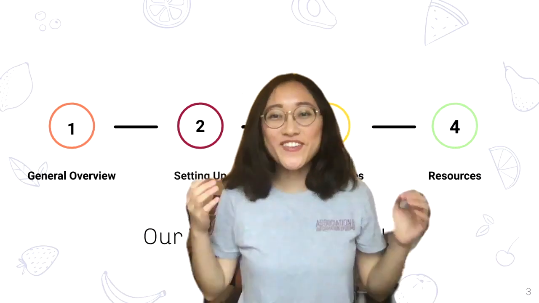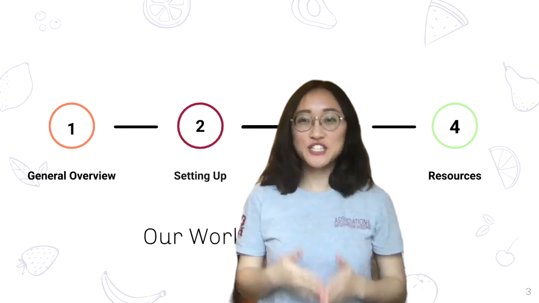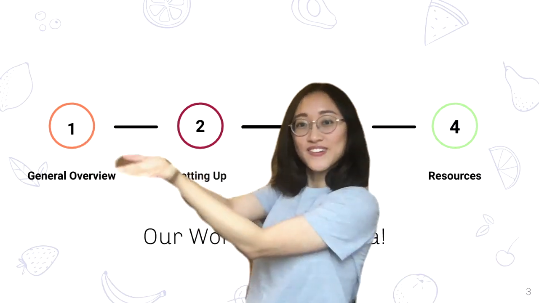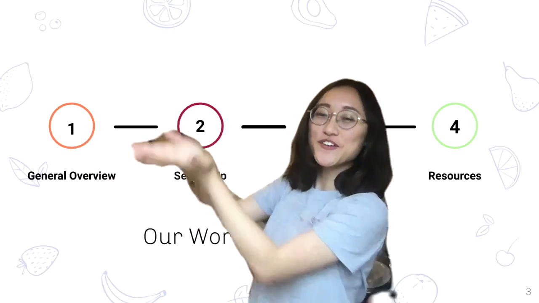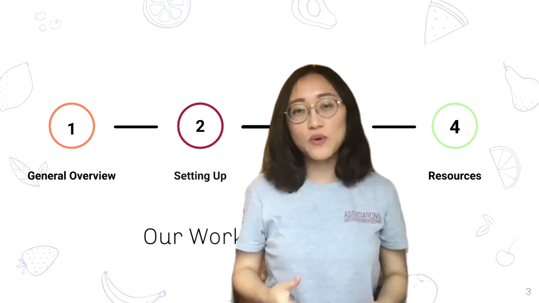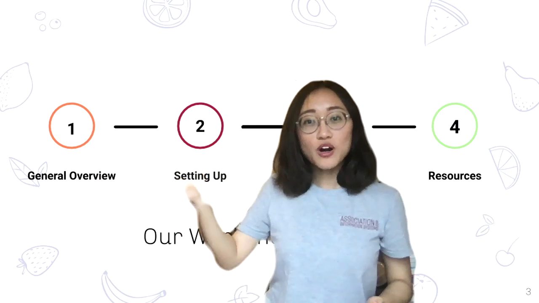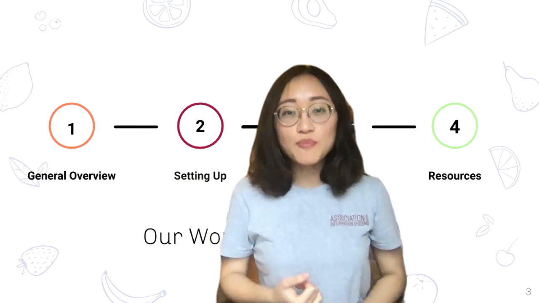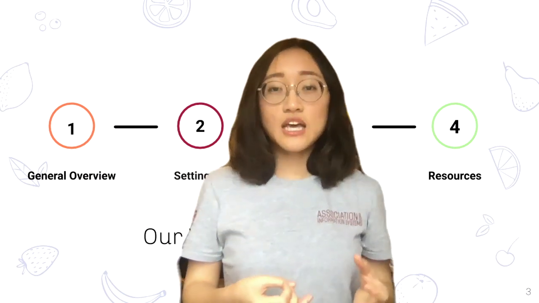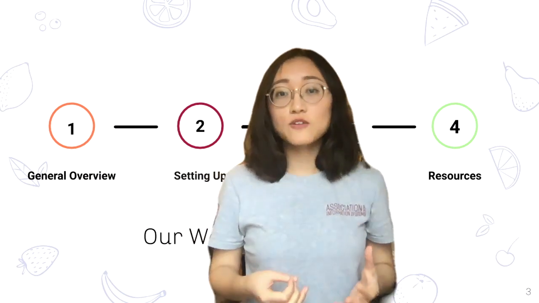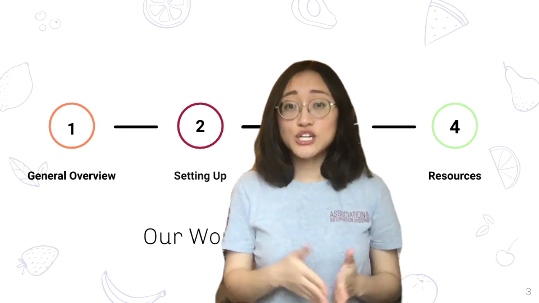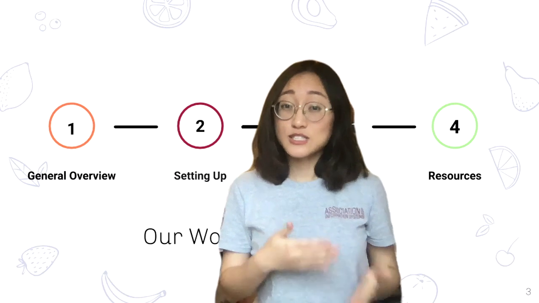All right, so for this workshop, here's our agenda. First, we're gonna learn about a general overview of website accessibility, know why we need to learn about it and what is the benefit of it. The second part of the workshop is getting you set up, including downloading VS Code and practicing the screen reader for Mac users and Windows users to open our exercise file, which includes a lot of HTML, JavaScript, and CSS files.